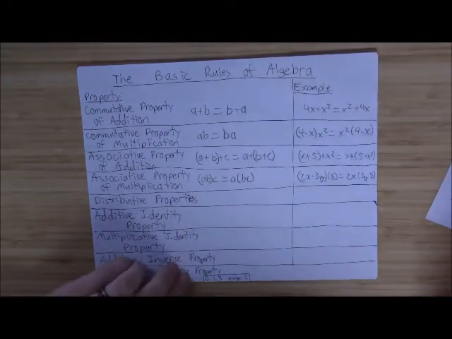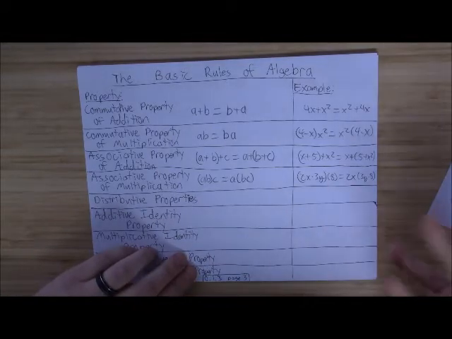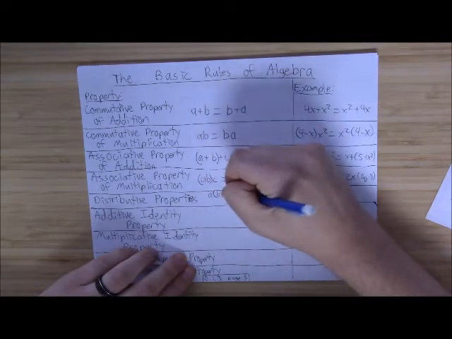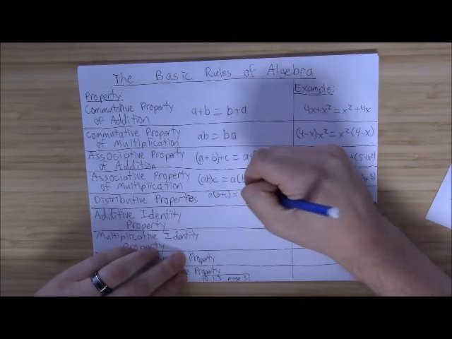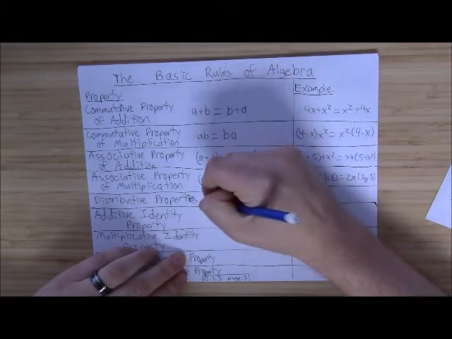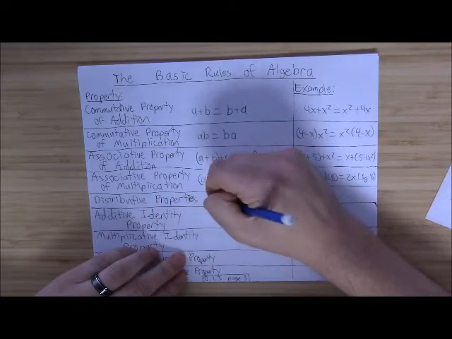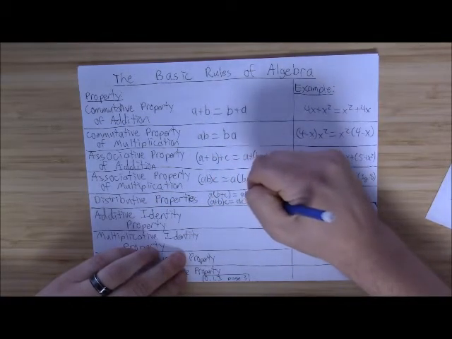Distributive properties are very important as they're the only properties that show how addition and multiplication interact with each other. This is where we get the idea of distributing, namely you distribute the a to the b and to the c. And similarly, it distributes on the other side as well, so a plus b times c gives AC plus BC.